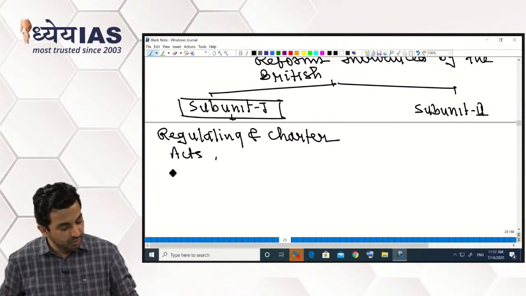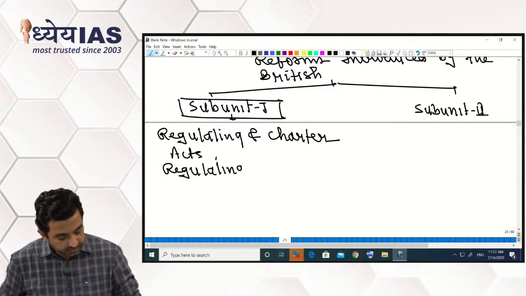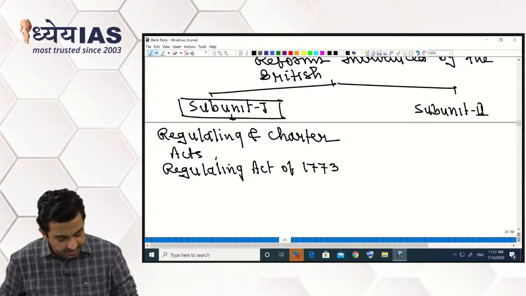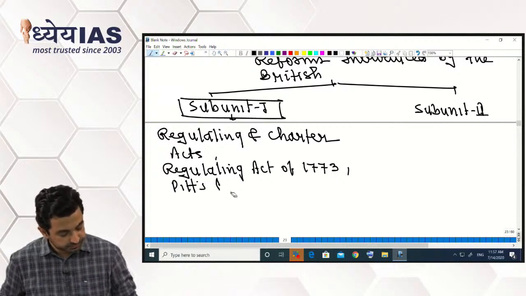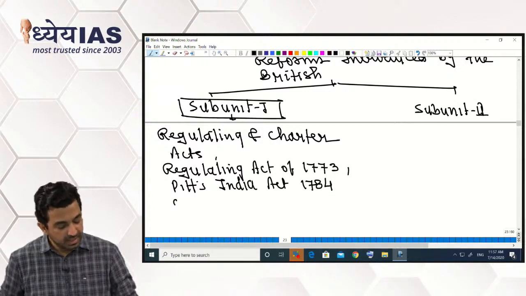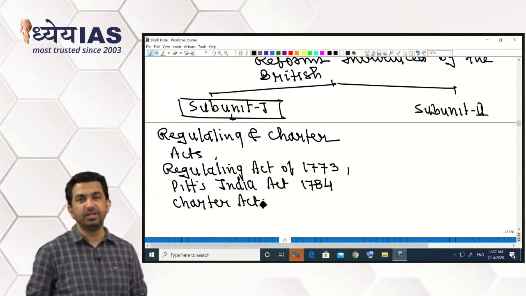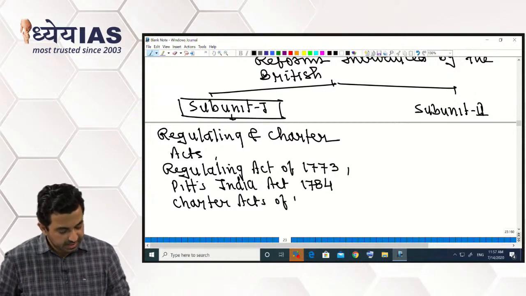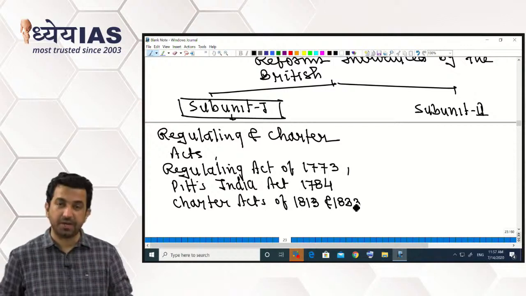So we have to discuss the Regulating Act of 1773, then Pitt's India Act 1784, and two important charter acts, not all the charter acts, only two important charter acts of 1813 and 1833.